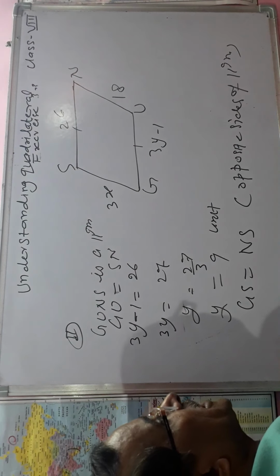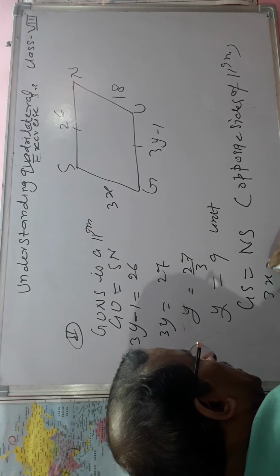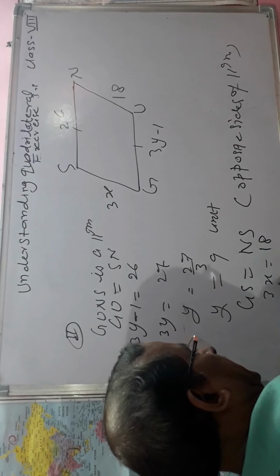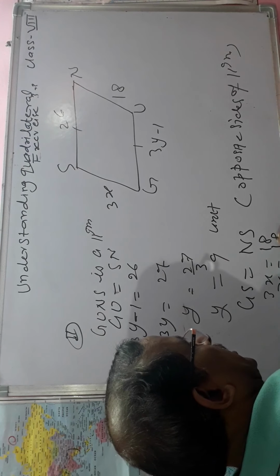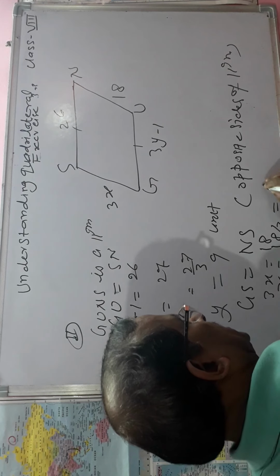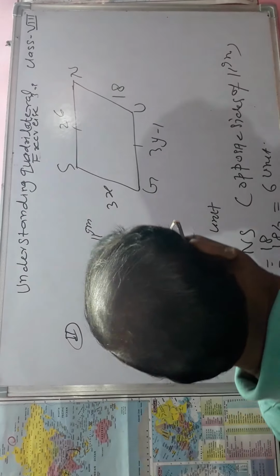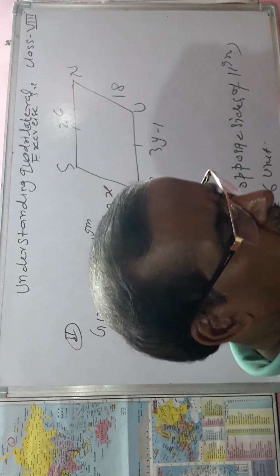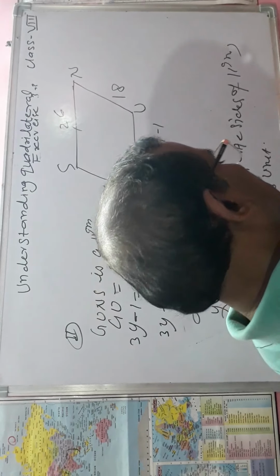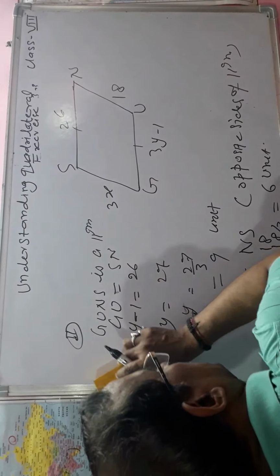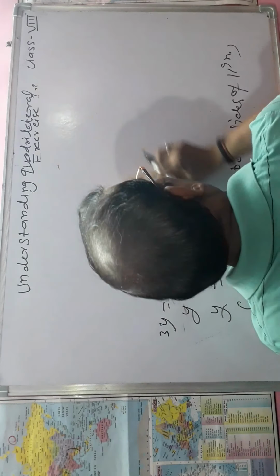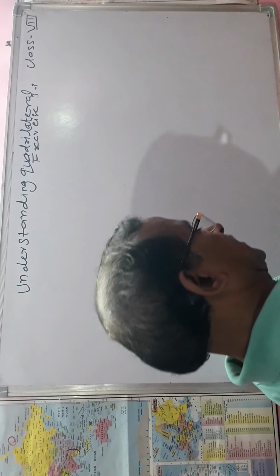Then GS is equal to 3x and it is equal to 18. X is equal to 18 by 3 is equal to 6 unit. Then in this way we can find out any questions of such type. Then we come on third part of this question.